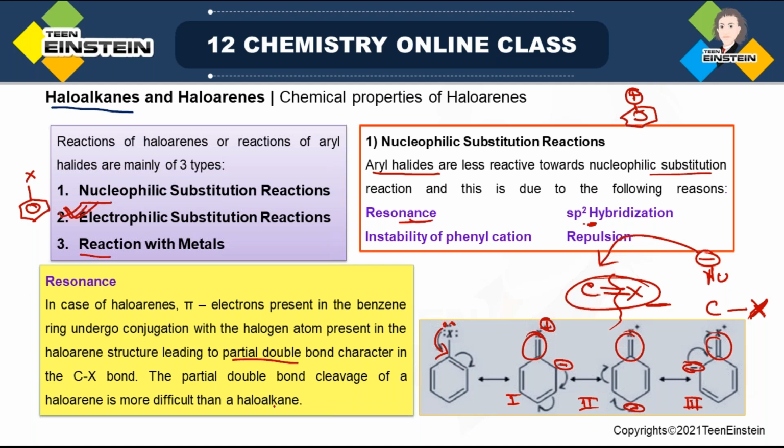So because of this partial double bond, cleavage of this carbon halogen bond is very difficult compared to haloalkane, because in haloalkane there is single bond character, no double bond character present. So this is the first reason.